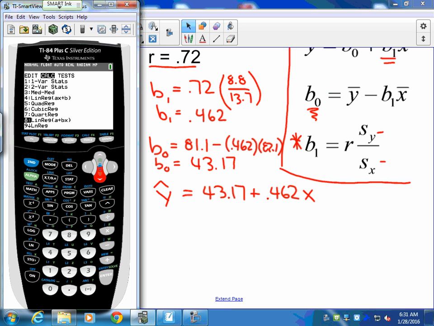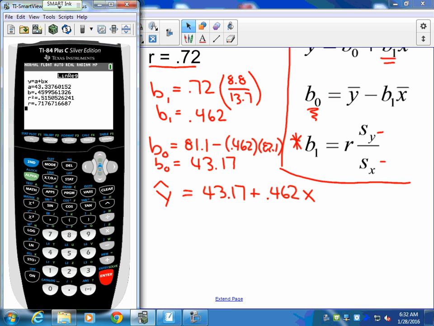We want to do our linear regression, a plus bx. The other version works, you just have to be careful about slope and y-intercept. Enter. Make sure that you have your correct lists selected, list 1, list 2, and then enter to get your least squares regression line.